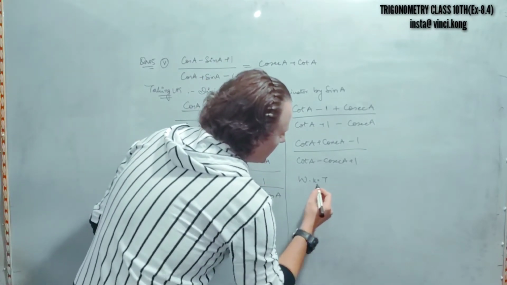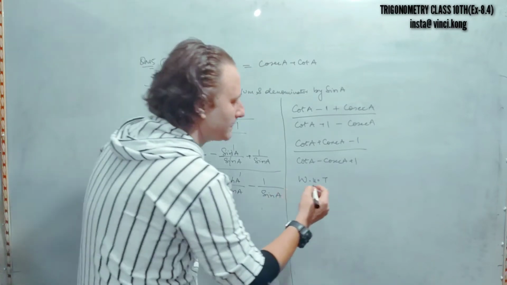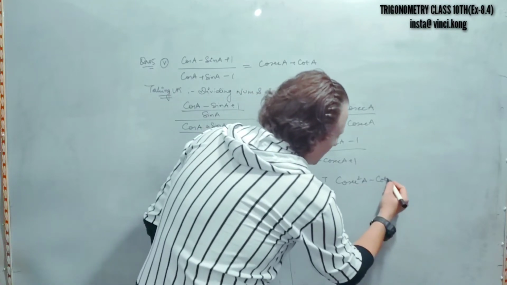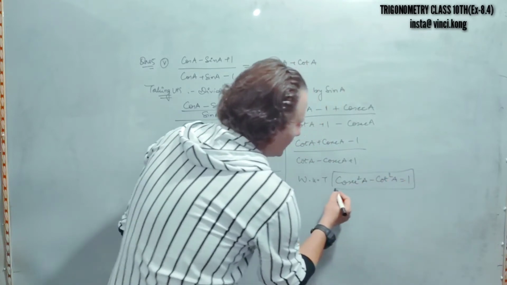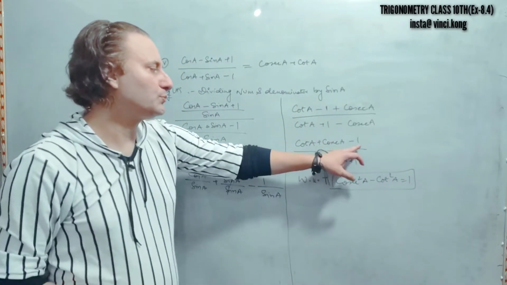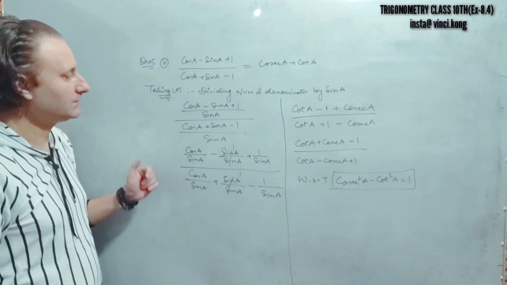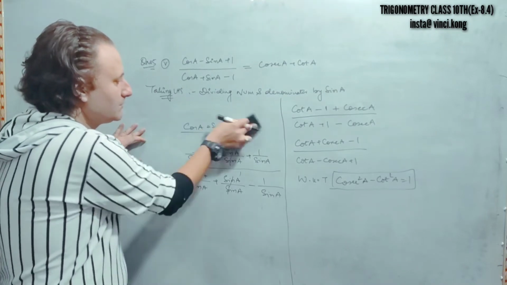You know it, we have 3 identities, and one of the identities is cosec square A minus cot square A is equal to 1. So this is the identity that I'm going to use here. So let's see what happens. Please make a note of this. You can pause the video and make a note of it. Let me do it here now.